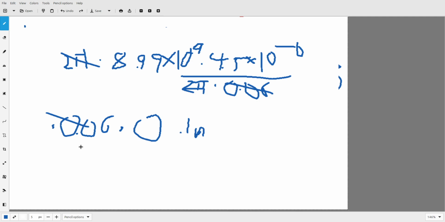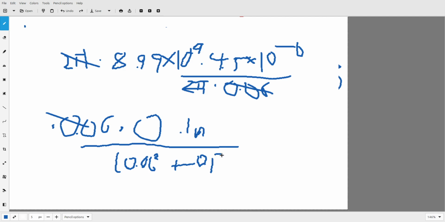And we have to divide it all by 0.06 squared plus 0.1 squared, all raised to the 3/2. Now you put that in your computer or calculator.